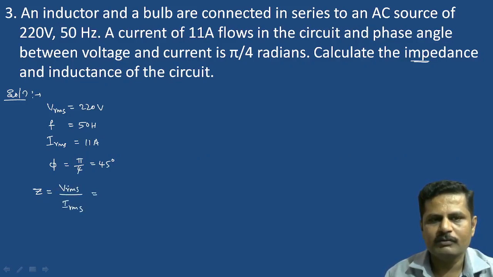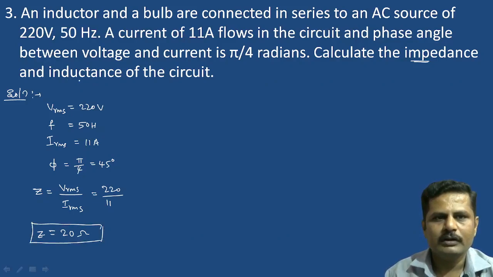V RMS is equal to 220 volt, and IRMS is equal to 11 ampere. So finally we get Z equals 20 ohm, impedance is 20 ohm. Next we need to find out the inductance of the circuit. So that is L we need to find out.